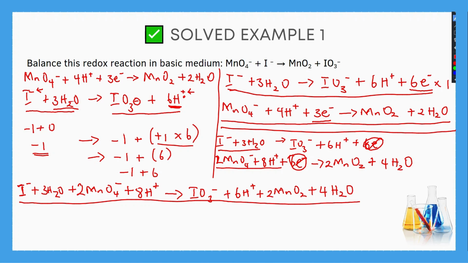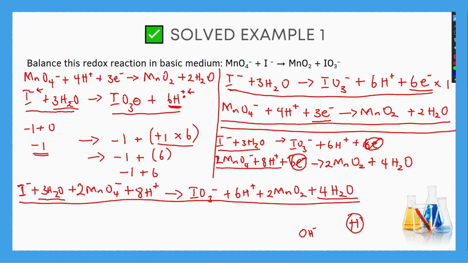At this point now, the next rule says for each hydrogen ion, or each H plus in the equation, add an equal number of OH minus to both sides. Now, before we do that, let's do a little mathematics. You can see on this equation, we have 3 water molecules on the left hand side, and we have 4 water molecules on the right hand side.